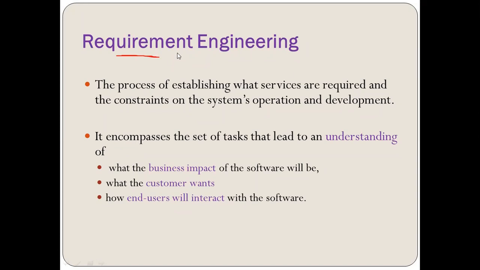Now, when we say engineering the requirements, this particular process is going to tell us how we are going to establish and gather the requirements for a particular system or software. So it is the process of establishing what services are required and the constraints on the system's operation and development.